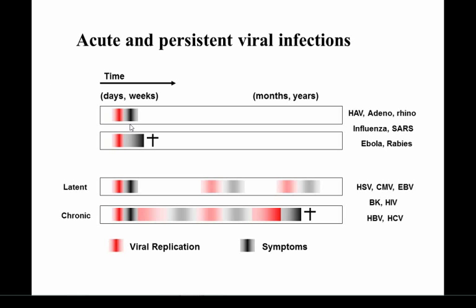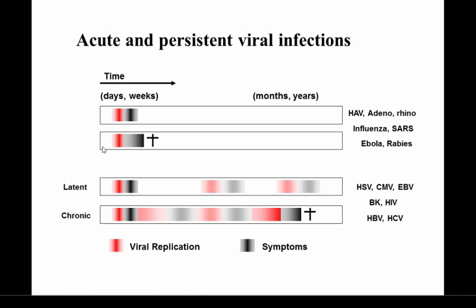This is what you get most of the time. So this could be rhinovirus infection, adenovirus, or gastrointestinal viral infection. So what happens is you'll have infection. A few days later, you'll have a peak of viral replication, and then you'll have symptoms, and then you get better. Okay, acute self-limiting infection.